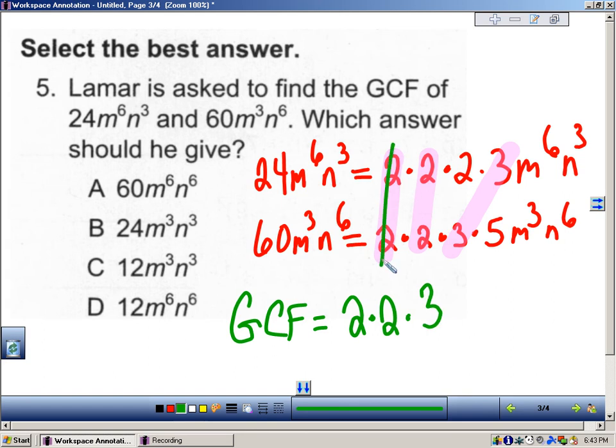There. First pair, second pair, third pair. Lowest power amongst the m's. M to the third power, right?